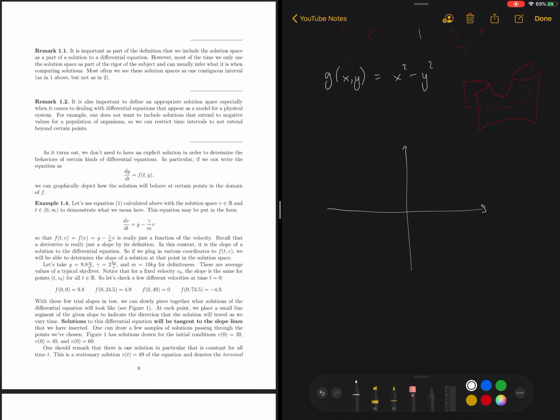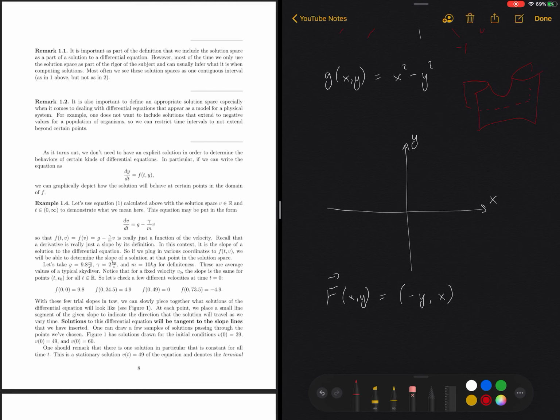Now, toward the end of your multivariable calculus course, you will also be introduced to the idea of a vector field. This is where we have a function that takes in multiple variables and spits out multiple variables. So let's say I did something like this, minus x by y. So I have a vector for an output.